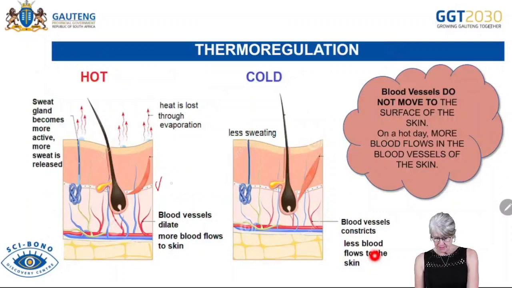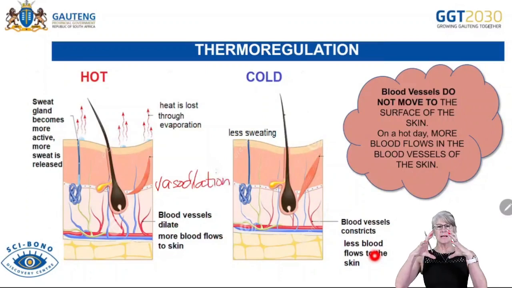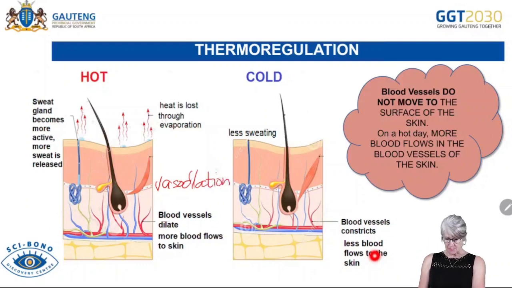When the blood vessels dilate, more blood is able to flow through them, and they give off heat. The more blood that flows, the more heat is lost, either through radiation or through evaporation. It also stimulates your sweat glands, so they become more active and produce more sweat, which means that the body is going to cool down.